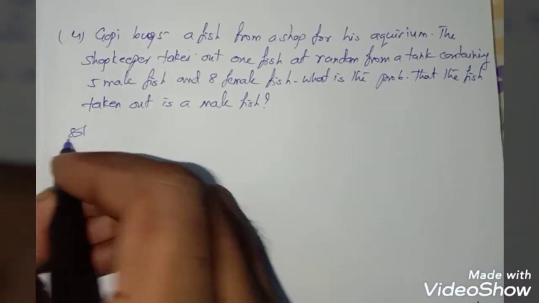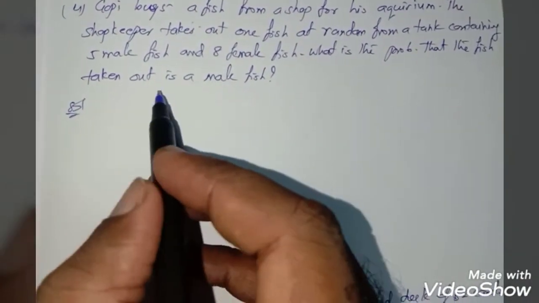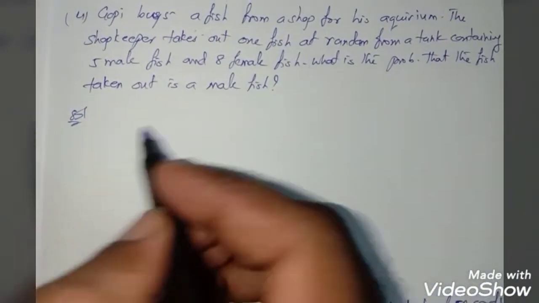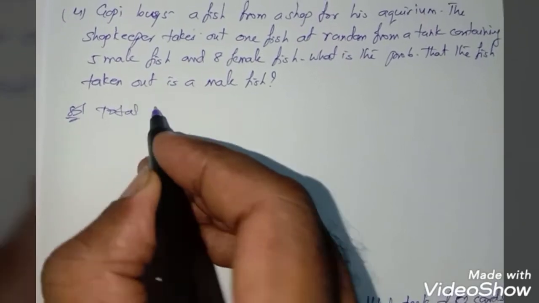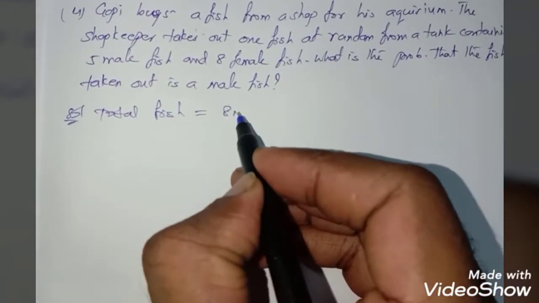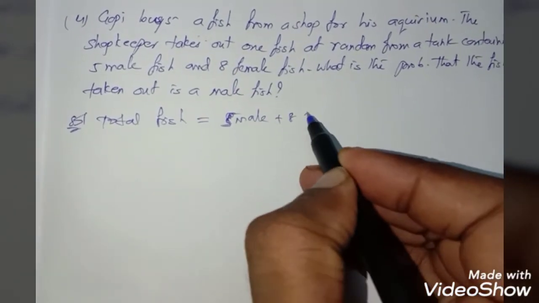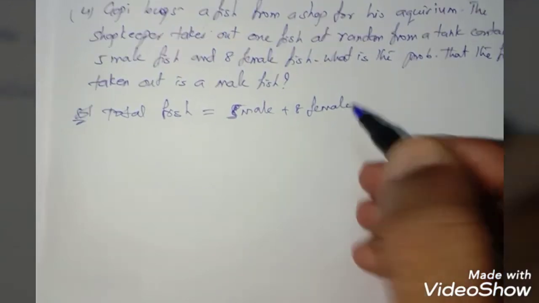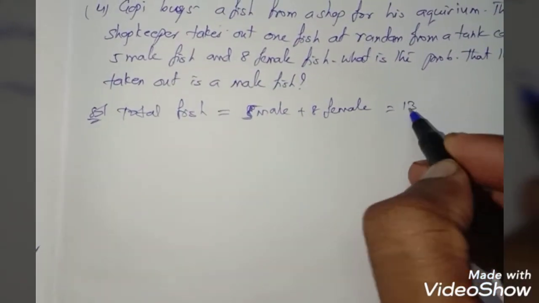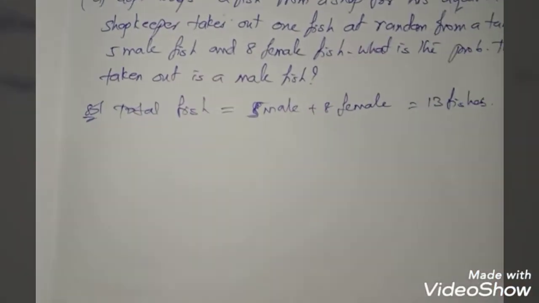Before going for that problem, first you find the total number of fish in that aquarium, right? So total fish is equal to 5 male fish plus 8 female fish, right? Now if I add this, you'll get a total of 13 fishes combined together, male and female.